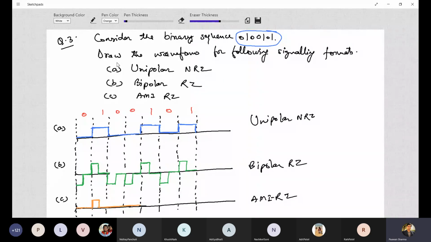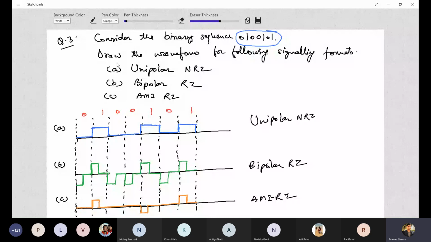When the next one comes, you have alternate polarity. Previously it was positive, it will be negative this time, like this. And when the next one comes here, it will be like this. So this will be AMI RZ.